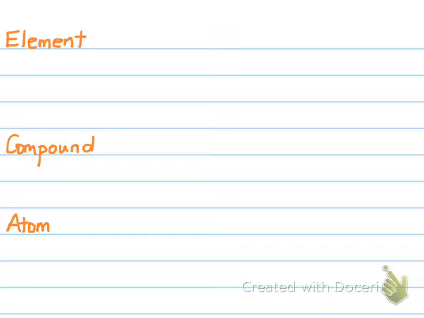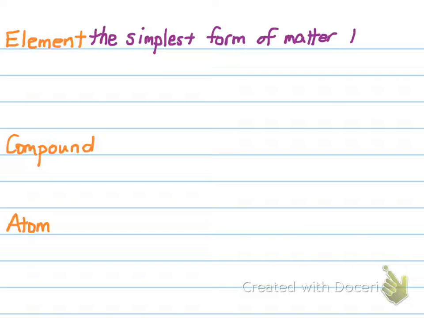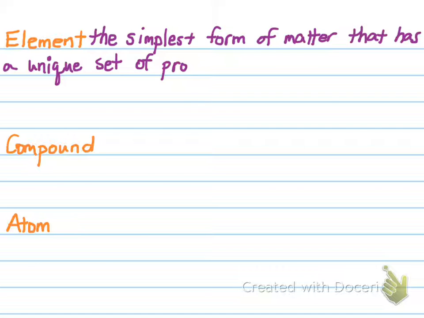So we also want to talk about what an element is. One definition of an element is the simplest form of matter that has a unique set of properties. Unique meaning it's different from everything else.